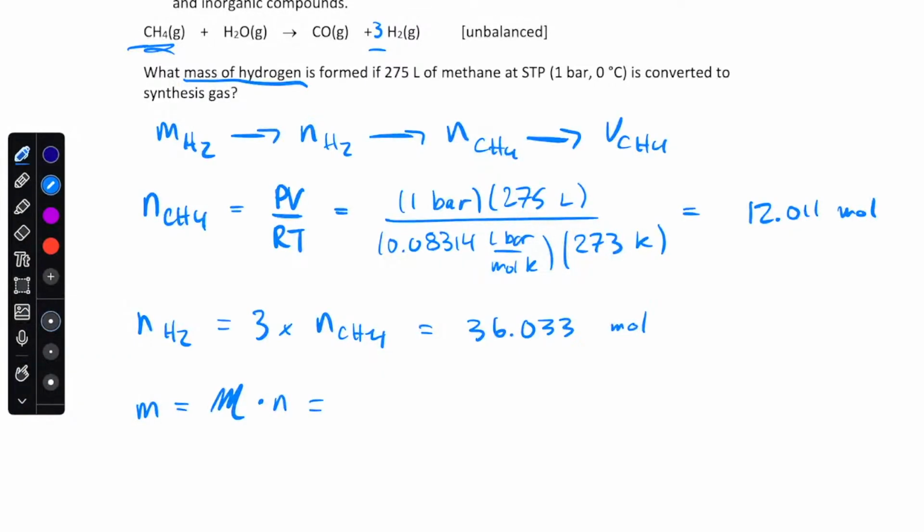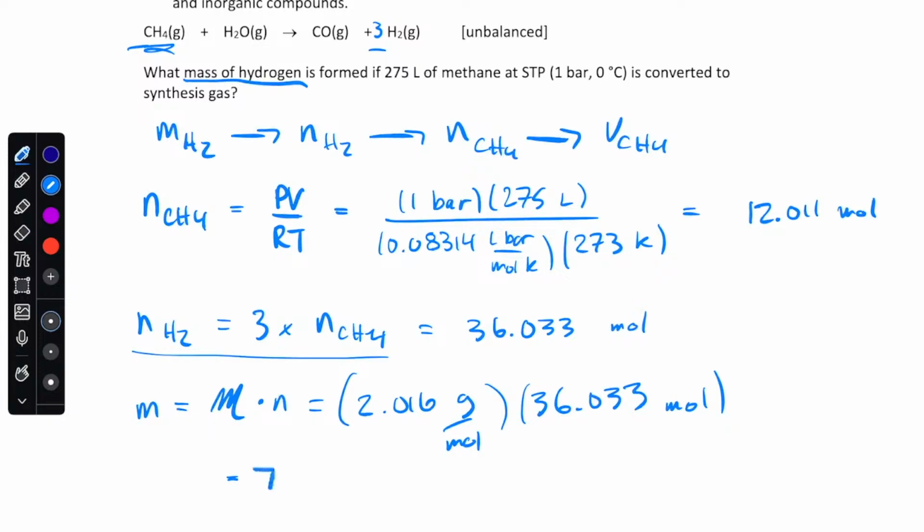Yeah, so mass is molar mass times number of moles. Molar mass of hydrogen is 2.016 grams per mole. It's just H2. Yeah, we took care of the 3 in front already up here.